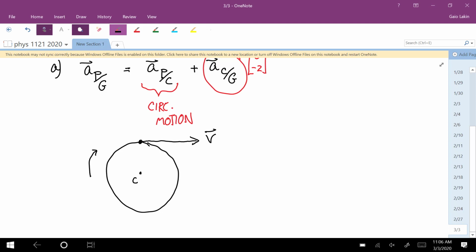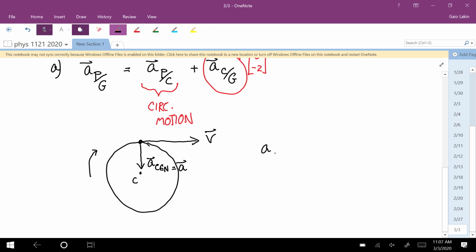Is it speeding up or slowing down? Neither, so there's no tangential, so I'll just leave that off. Centripetal goes toward the center. And since there's no tangential, this is also the total acceleration. This problem doesn't ask us for the velocity vector, so there's no reason to calculate that.